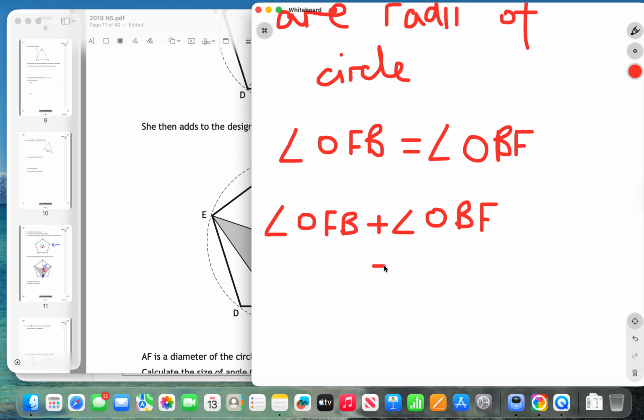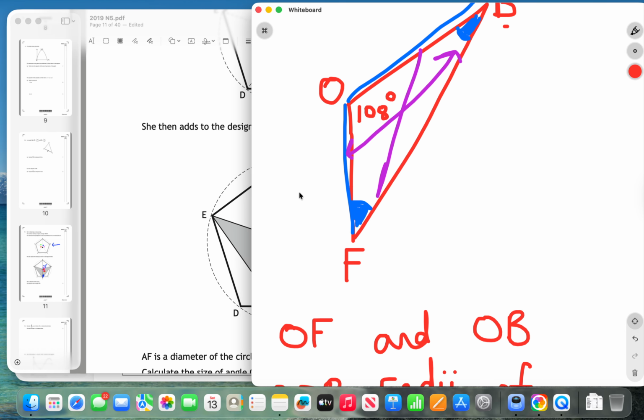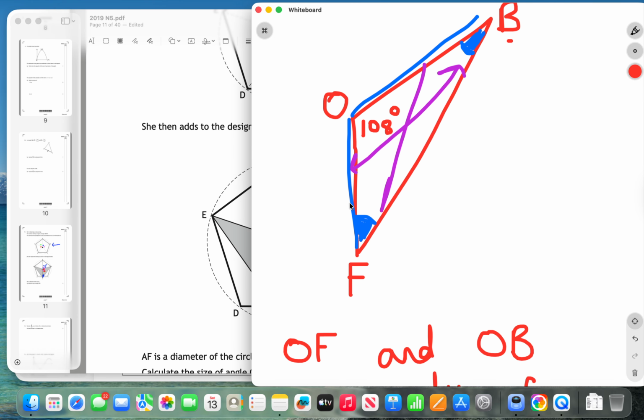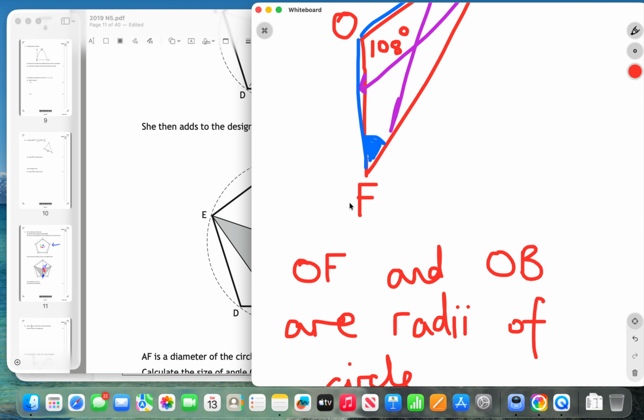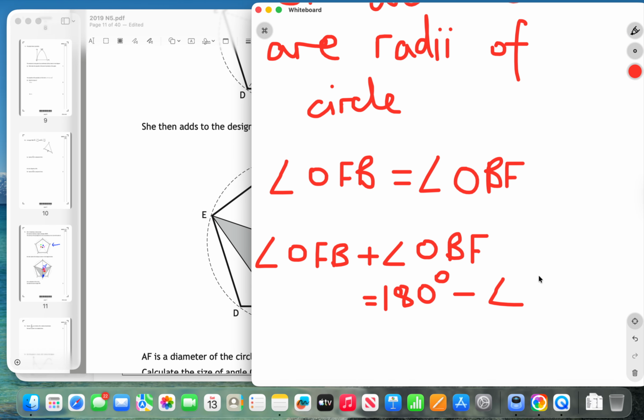It's a good idea to justify all of this in an exam. So we'll say 180 minus FOB.